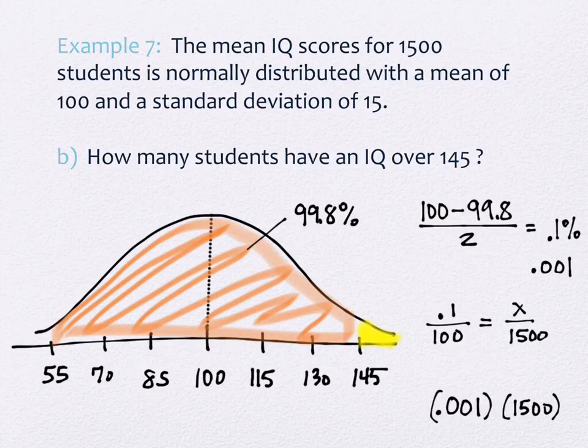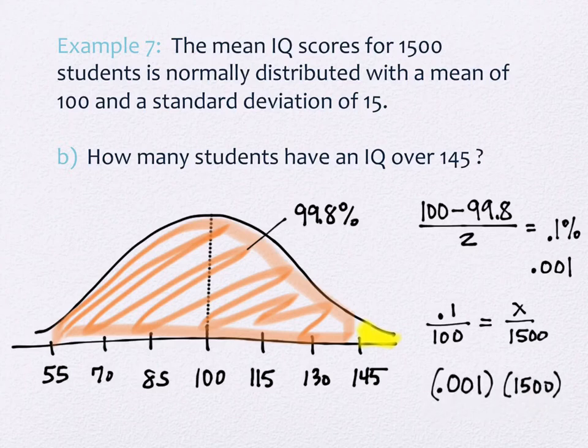But it's 1.5 what? Students. Which either needs to be 1 or 2, right? I mean, we can't have 1.5 of a student. No cutting students in half, strongly discouraged. So we're going to just use regular rounding rules. We'll round the 1.5 up to 2 so we don't have to decide when do we round up, when do we round down? We'll just use our normal rounding rules. So this would actually be 2 students.